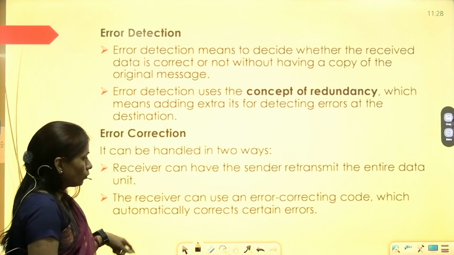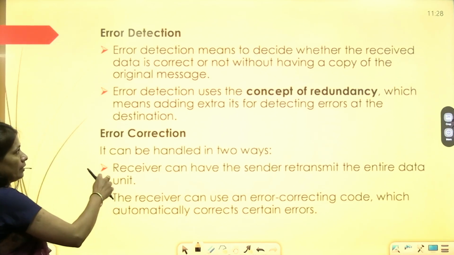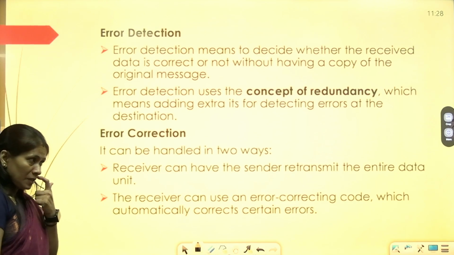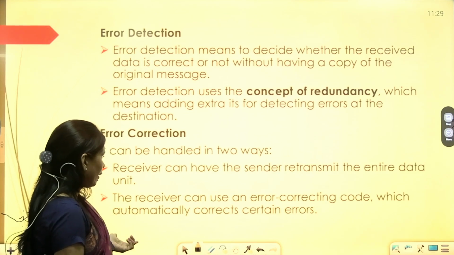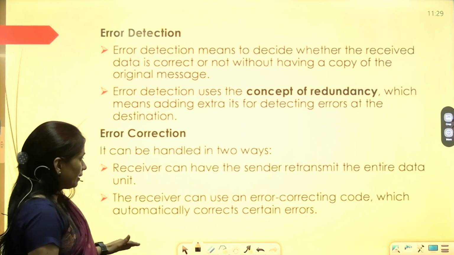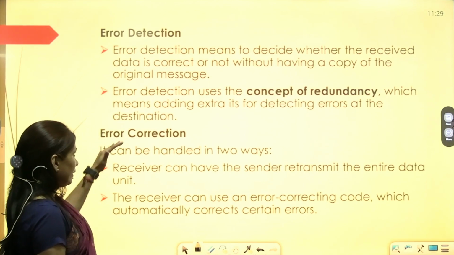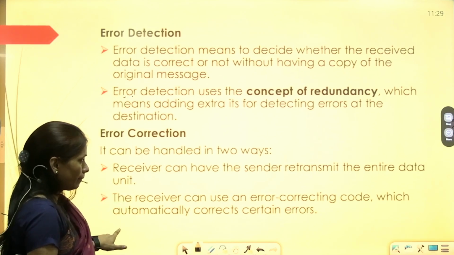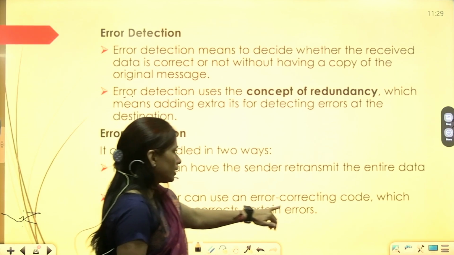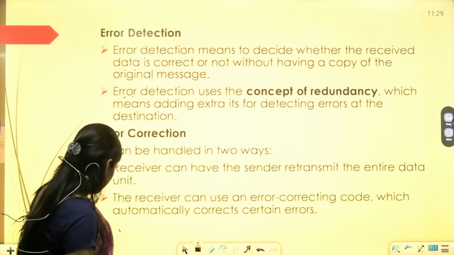Redundant bits are the extra bits added to the original message. Error correction: when we send the message, if you detect the error, you change it and correct the errors. Find the error and correct the error using Hamming code. The receiver can use an error correcting code which automatically corrects certain errors.